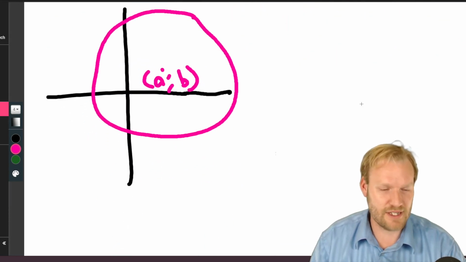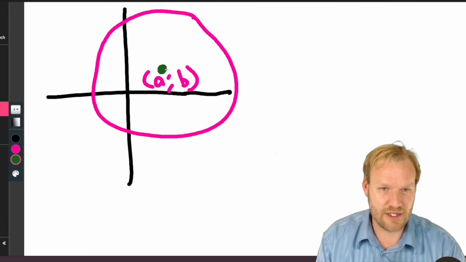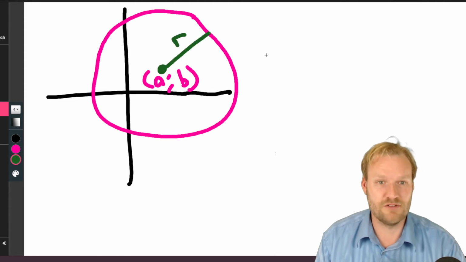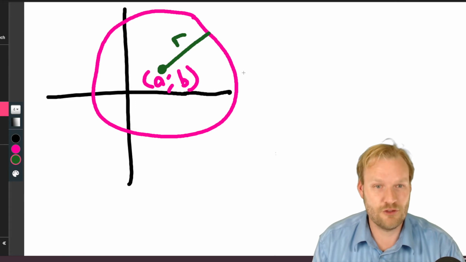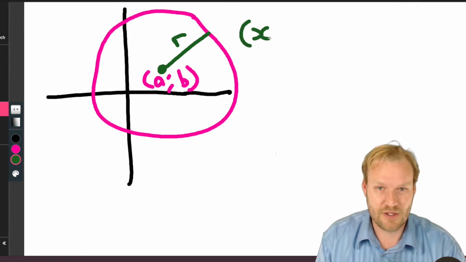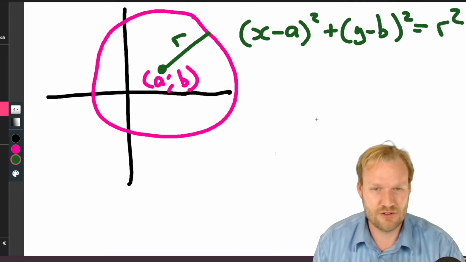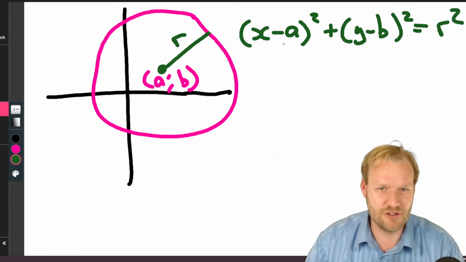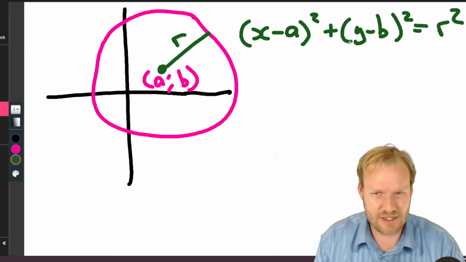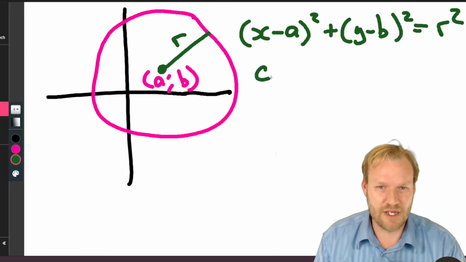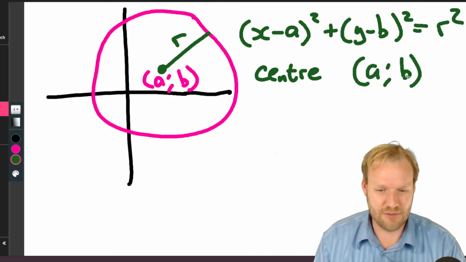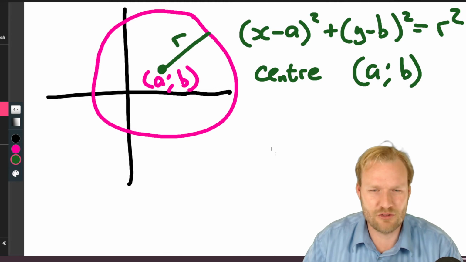So if that's the center a, b, and it's got a radius of something, then our general formula is going to be (x - a)² + (y - b)² = r². Quite similar to our one at the origin, but this time you've got (x - a)² and (y - b)², where the center of our circle is at a, b. Okay, so that's our general formula.